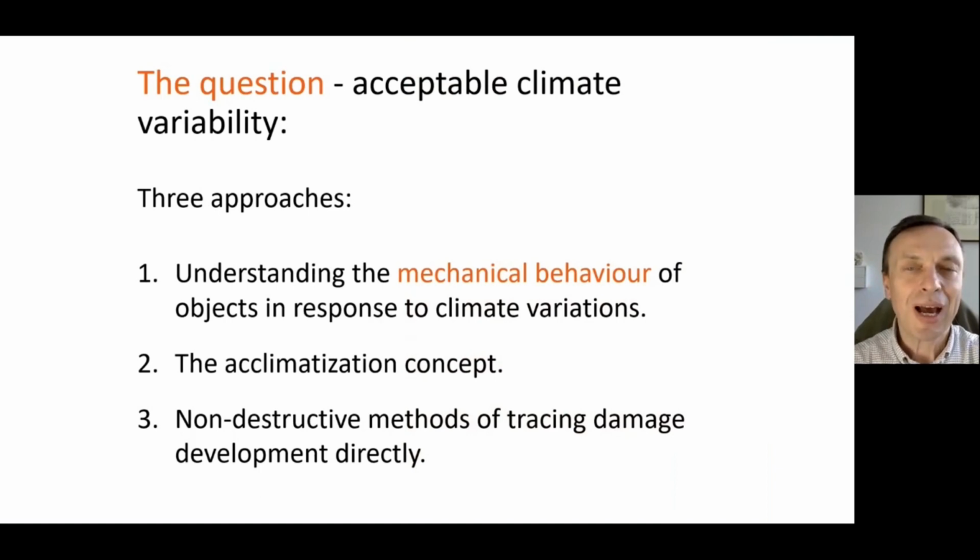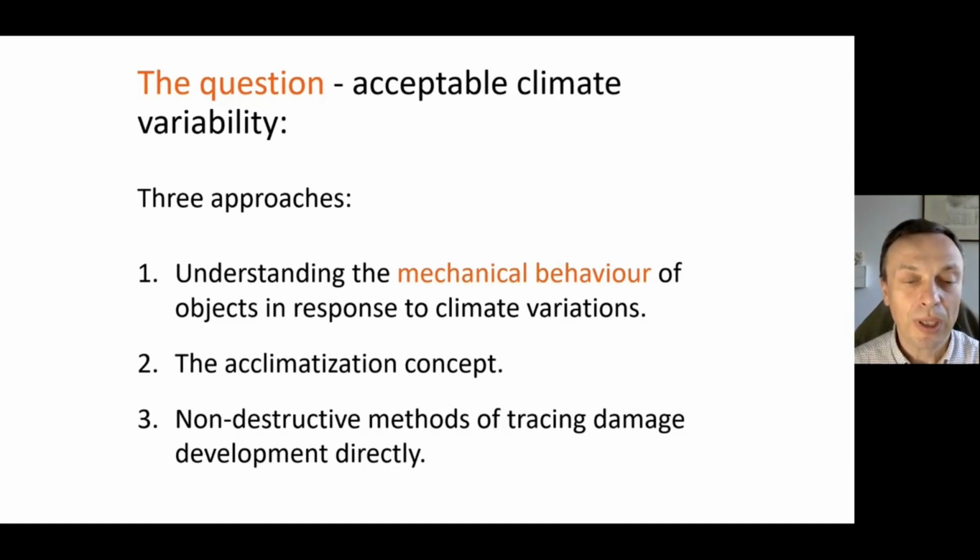So the question is how to determine acceptable climate variability, and there are three approaches to answer this question. The first is understanding the mechanical behavior of the objects in response to climate variation, and we use typical approaches as engineers use to evaluate, for example, the maximal load of a bridge. We can use the acclimatization concept, which says that if you stay within the range of the past temperature and humidity variation, the risk of further damage development is negligible.